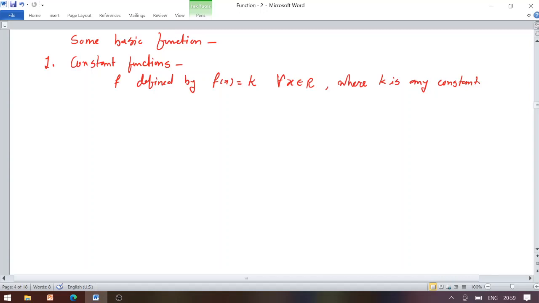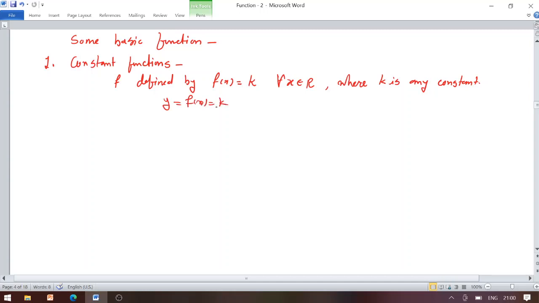The graph of a constant function is a line. Keep in mind, x is a variable here and y is a constant. X continuously changes its value, while the function y equals f of x equals k is a constant.